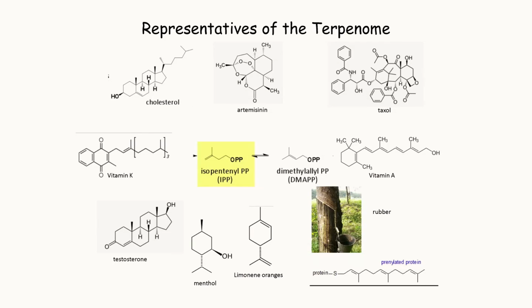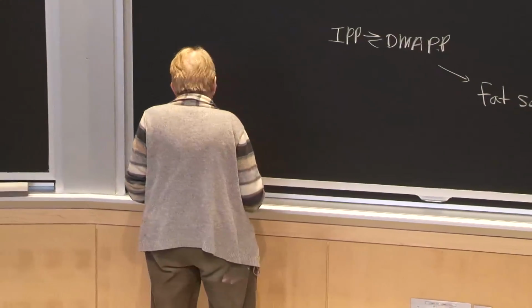My pointers are not working very well. Okay, so anyhow, you have vitamin A and vitamin K, and you can see here readily that you have these C5 units stuck together. You have to ask the question, where does the rest of this come from? So fat-soluble vitamins, which we're not going to talk about.